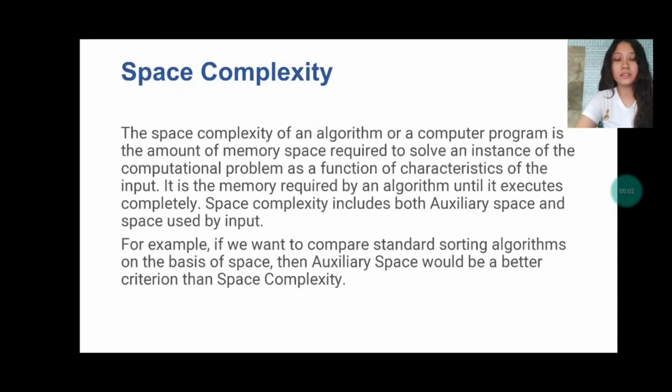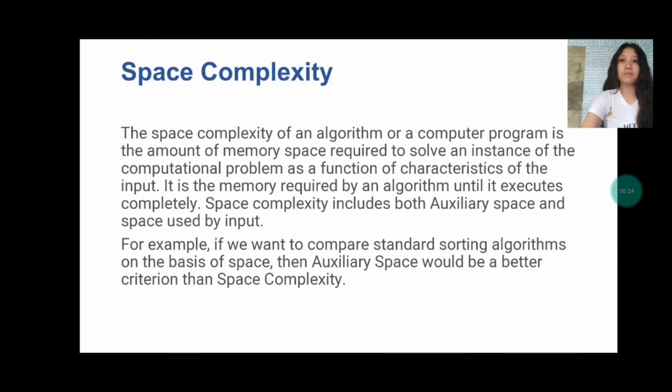Space complexity. The space complexity of an algorithm or a computer program is the amount of memory space required to solve an instance of the computational problem as a function of characteristics of the input. It is the memory required by an algorithm until it executes completely.